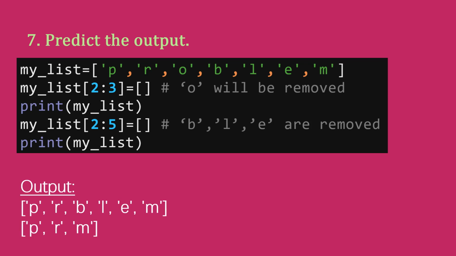Now again we are assigning the items from index number 2 to 5 as an empty list. So the elements present at index number 2, 3 and 4 will be removed. Those are the alphabets B, L and E. These three will be removed and your resulting list is like this: PRM.